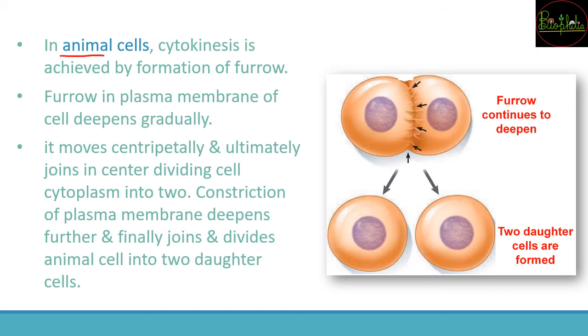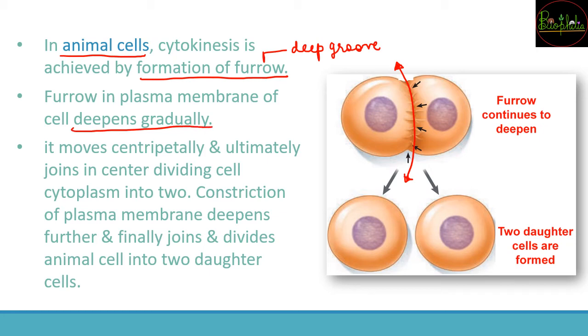So अगर animal cells है then animal cells are going to undergo cytokinesis by the formation of furrow. Furrow क्या होता है, furrow is going to be a deep groove, यानी बहुत बड़ा एक चीरा लगेगा into this particular cytoplasm, and the furrow is going to continue to grow, and this continuation of growth of the furrow, which is going to deepen gradually, is going to form the 2 daughter cells.